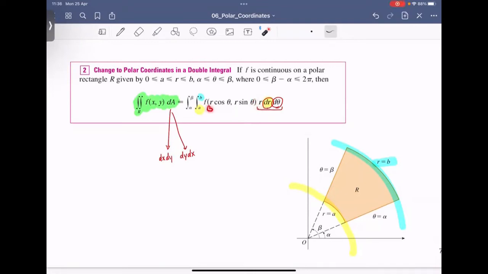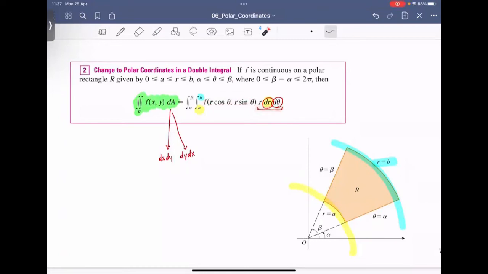The thing inside is no worry, because if you have x, y, or anything, we can switch to r and theta: x equals r cosine theta, y equals r sine theta. So the inside is no problem, and the order of integration is r dr d theta.